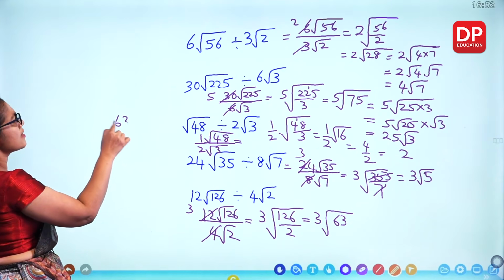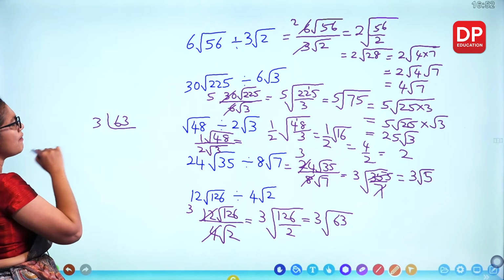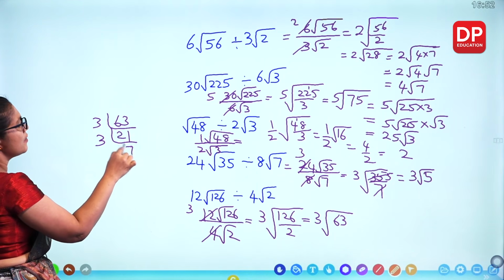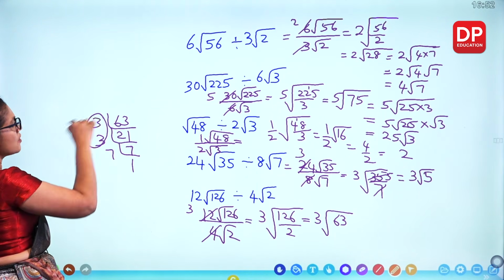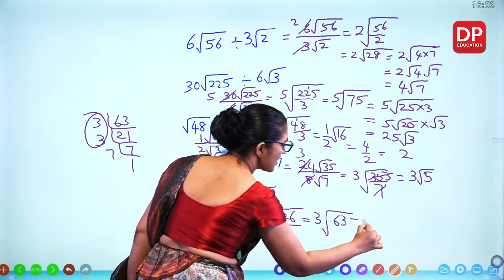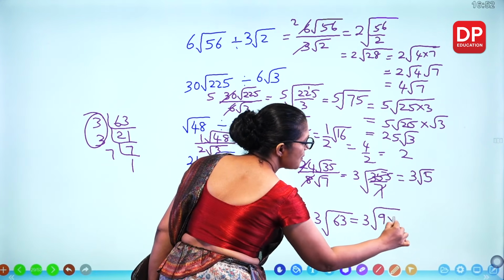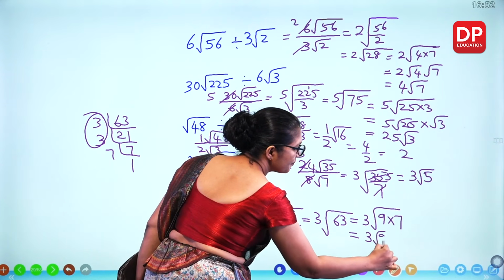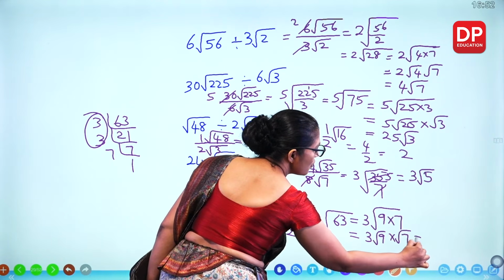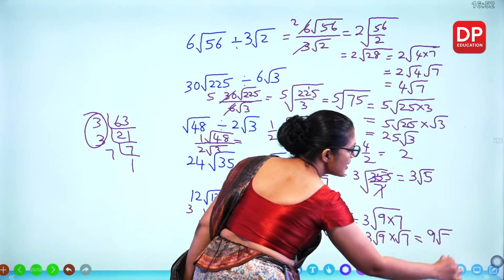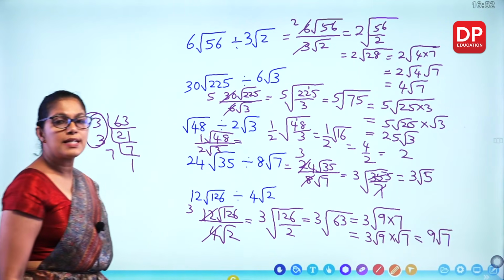How can I write it as a square number? Divide by 3, you get 21. Divide by 3, you get 7. So here the square number is 9 times 7. So I can write this as 9 times 7. What's the square root of 9? That's 3. So you get 3 times 3, 9. The answer is 9 root 7.